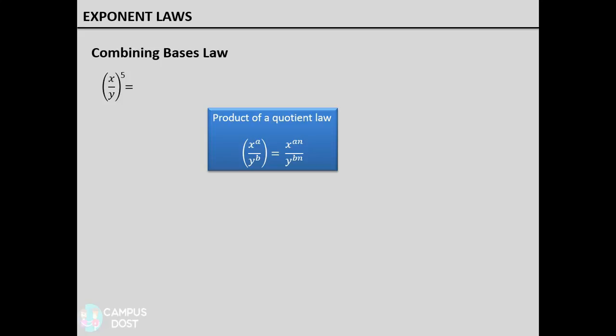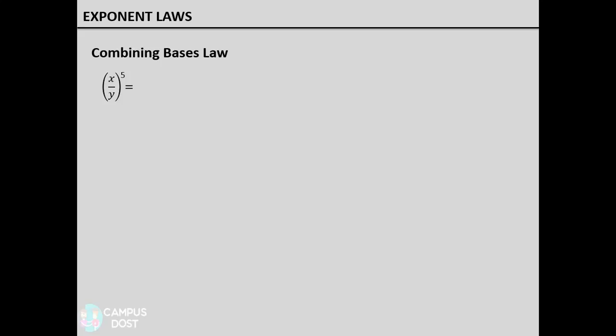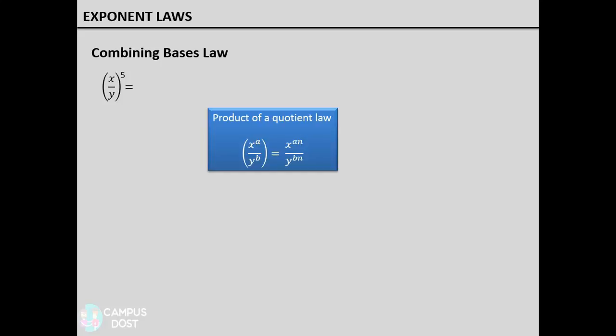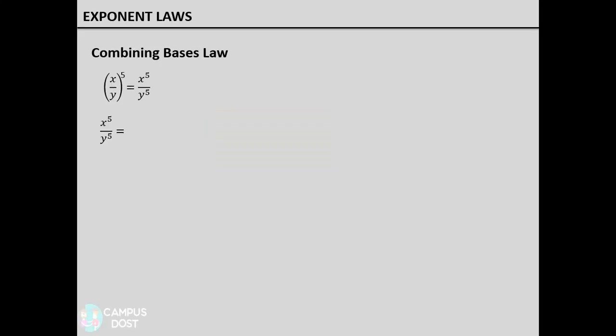To simplify this expression, we can apply the power of a quotient law to get x to the power 5 divided by y to the power 5. This means that we can take x to the power 5 divided by y to the power 5 and rewrite it as x divided by y all to the power of 5.